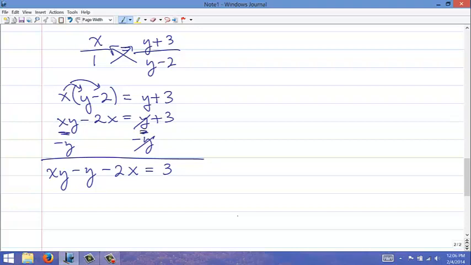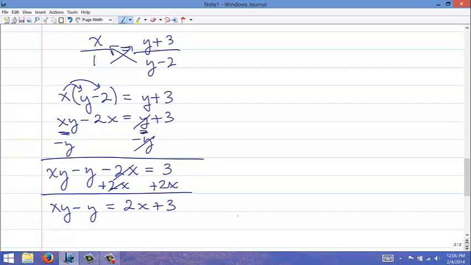Now I need to get rid of that negative 2x, so we can do that by adding 2x to both sides. So that gives me xy minus y equals 2x plus 3.